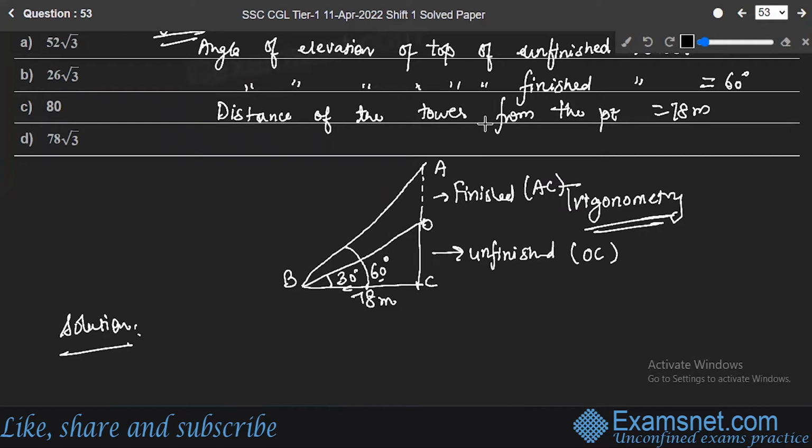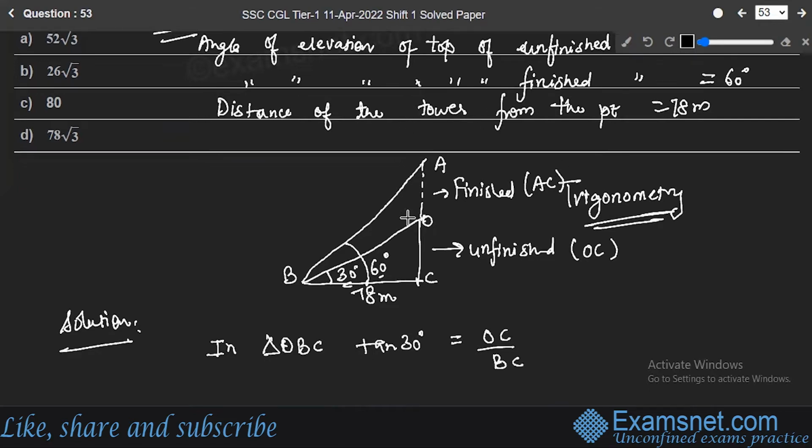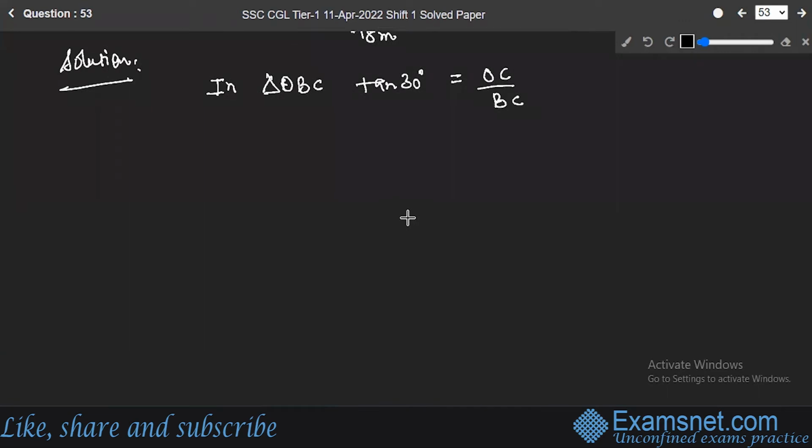Now in triangle OBC, you have tan 30 degree. What is tan 30 degree? It's perpendicular upon base, right? So OC upon BC. Tan 30 degree, you all know the value is 1 upon root 3. So 1 upon root 3 is equal to OC upon BC, and BC we know is 78. From here, OC is equal to 78 upon root 3.